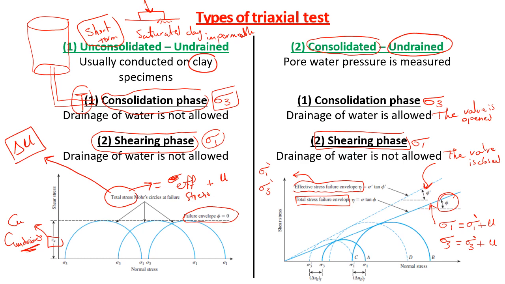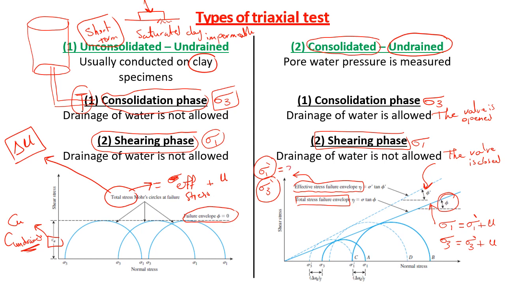However, if you want phi prime, or if you want phi in terms of effective stresses, you must compute the value of sigma 1 prime and the value of sigma 3 prime by subtracting the value of the pore water pressure from the value of total stress.